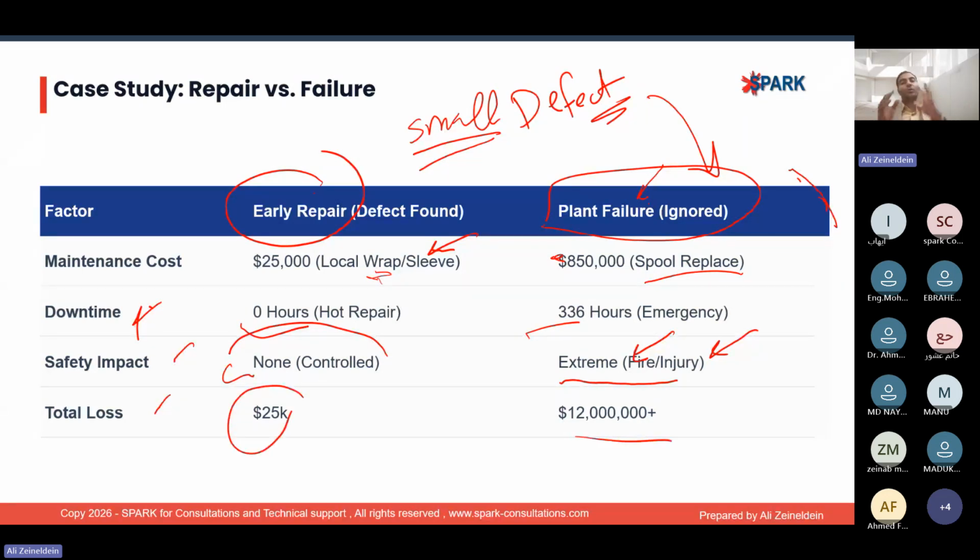So what I want to say here, this slide summarizes early repair or early mitigation action could be applied to avoid, especially for small defects, or small defects could affect and invisible threats until failure may occur.